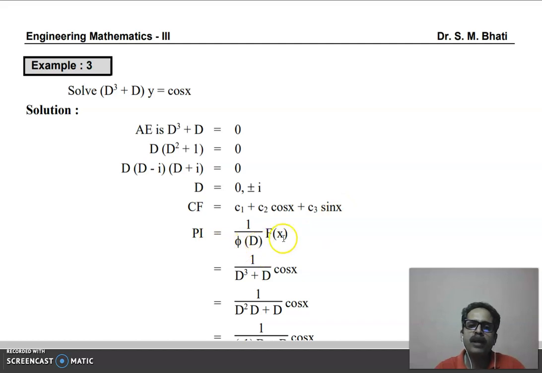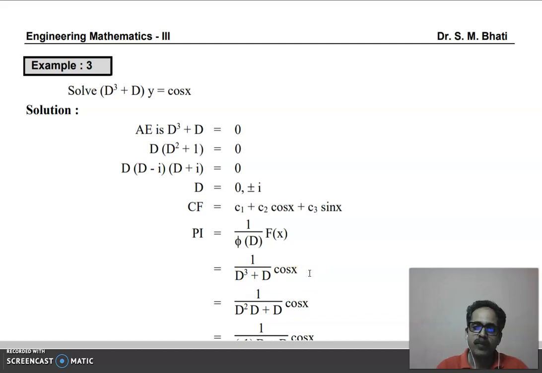This is the formula for PI. Put the value of phi D and put the value of f(x). Here phi D is D cube plus D, right in denominator, and f(x) is cos x, right here. Now the operator 1 by D cube plus D is acting on cos x. This step has a type 1 by phi D cos of ax plus b.